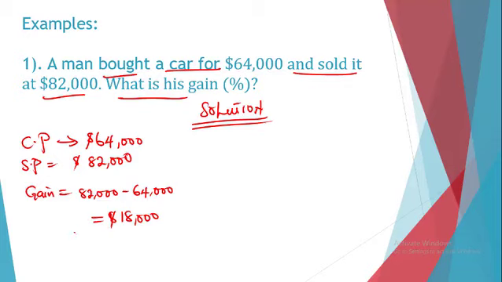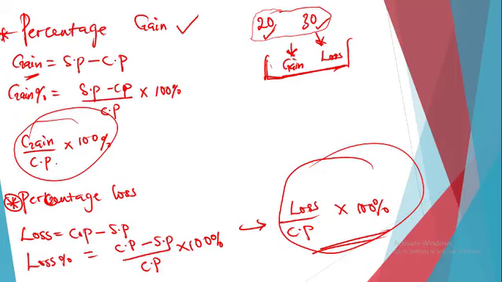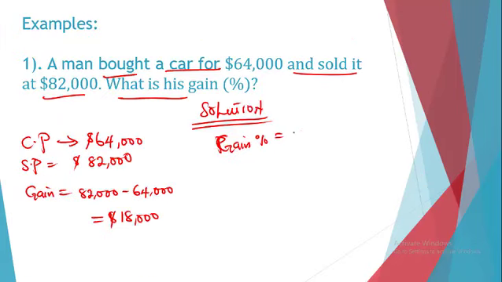So we are looking at the percentage gain, and that will give us percentage gain equal to gain over cost price times 100%. So we have our gain to be 18,000 all over cost price.